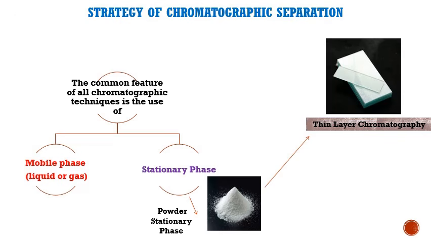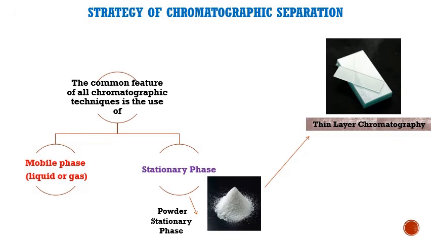So the powder could be spread onto a glass or an aluminium sheet, and hence it will be called thin layer chromatography, as a thin layer of the stationary phase is spread onto either a glass or an aluminium sheet. Okay? This type of chromatography will be discussed further in another section.